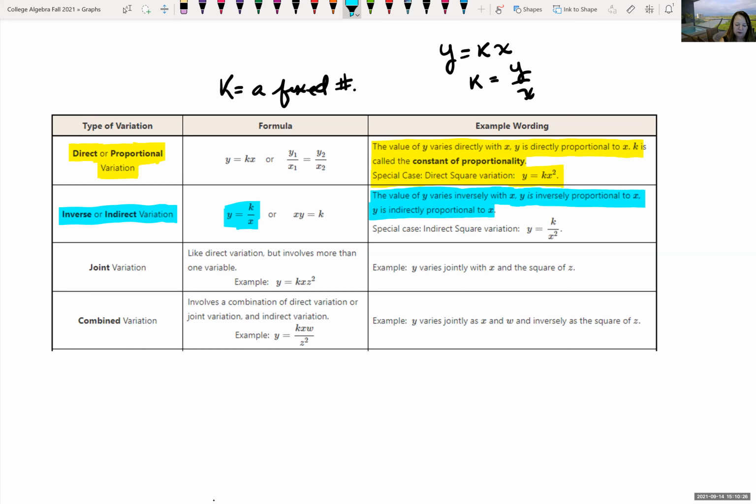Y is indirectly proportional to x. Again, y is equal to k over x is how we would do this. If it said indirect square variation, then y is equal to k over x squared.